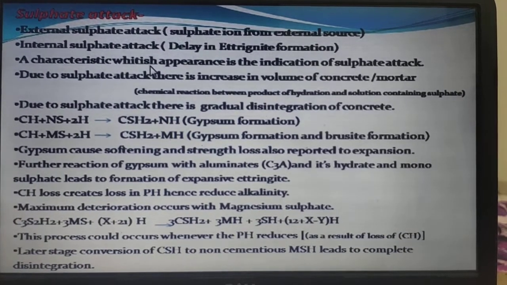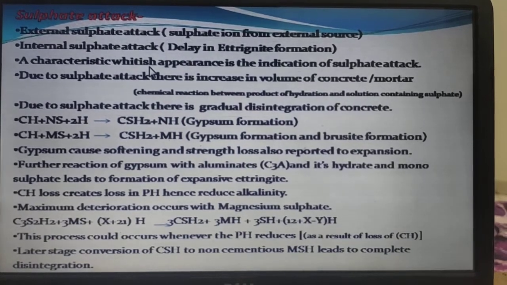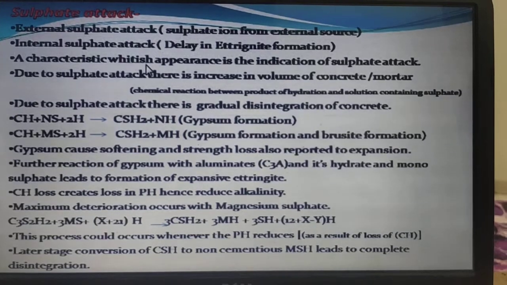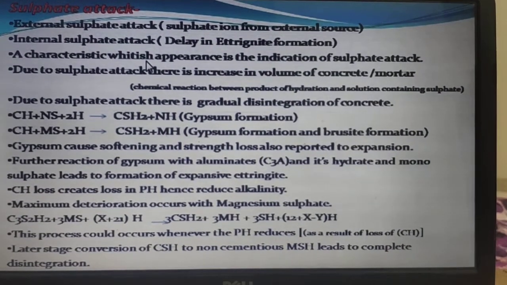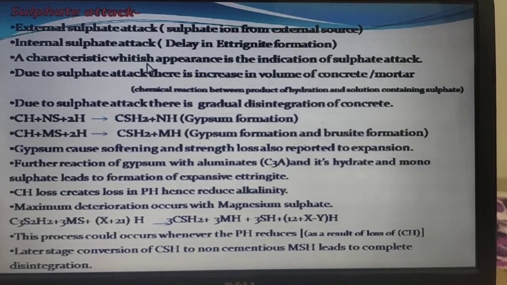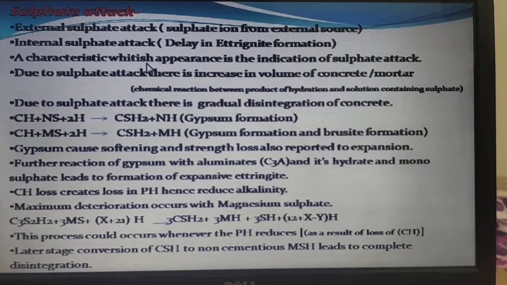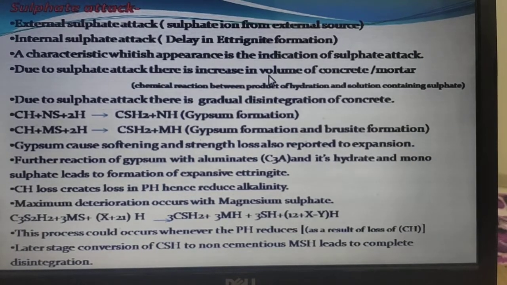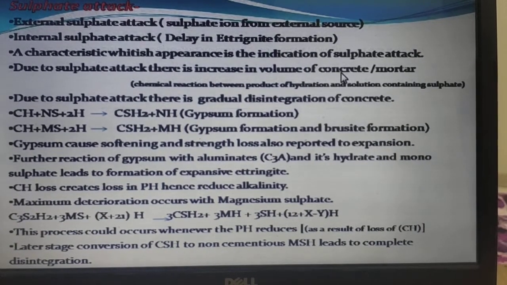The characteristic whitish appearance is the indication of sulphate attack. If you find whiteness on the surface of the concrete, it indicates that there is a sulphate attack. Due to sulphate attack, there is an increase in volume of concrete or mortar.